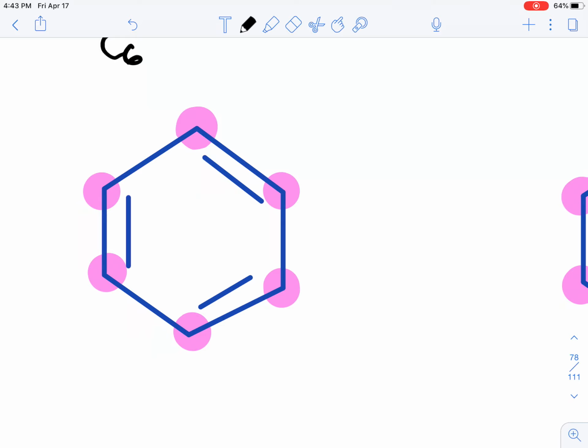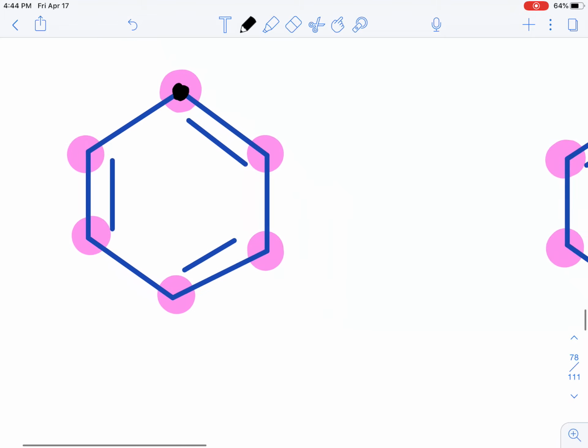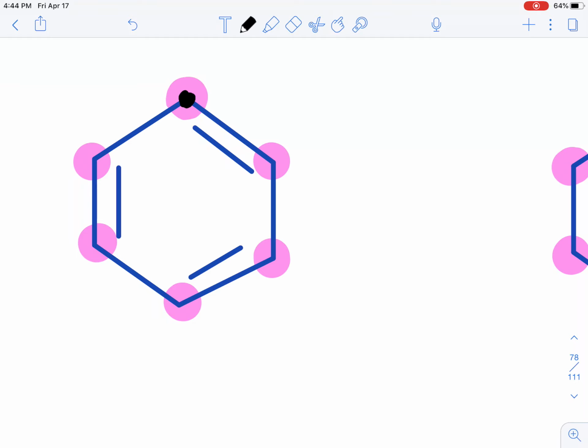So let's go ahead and take a look at this carbon that I'm dotting with in black. So currently, this carbon has 1, 2 covalent bonds. Now for the double bond, it does extend to this carbon. So in terms of the sphere, we have 1, 2, 3 bonds.